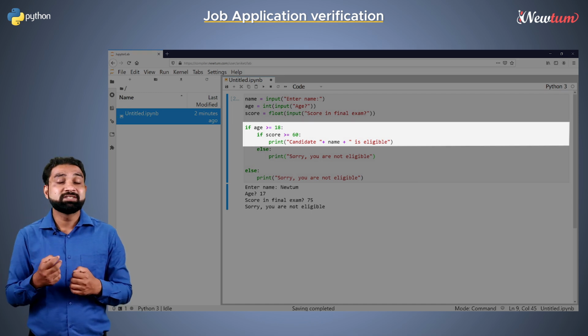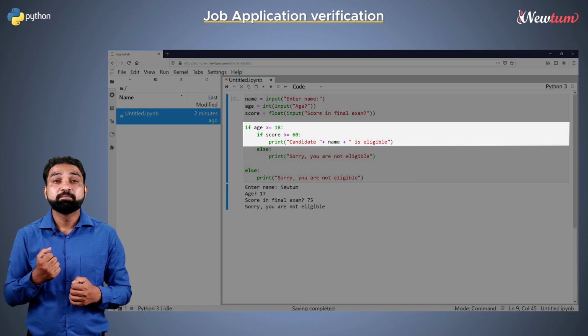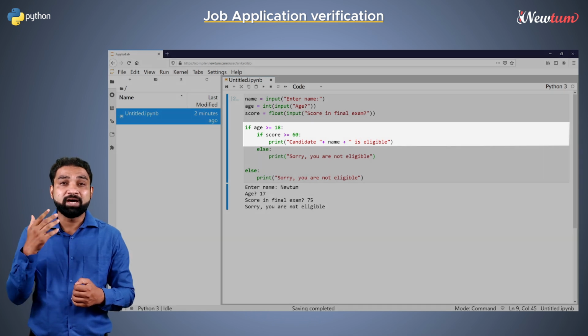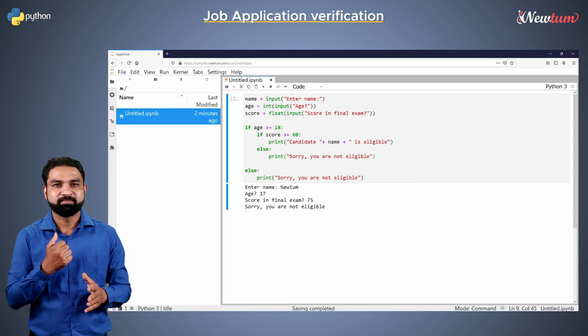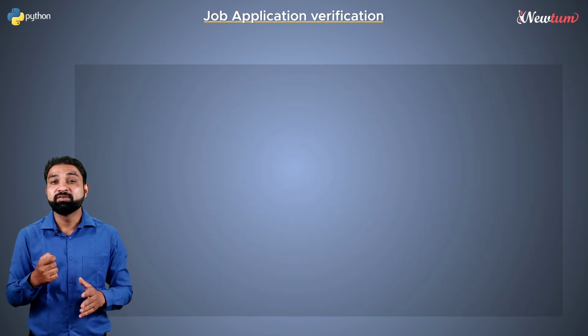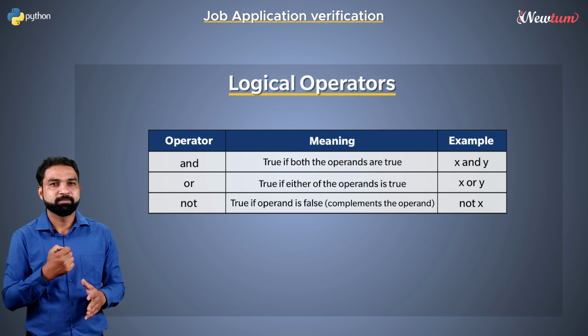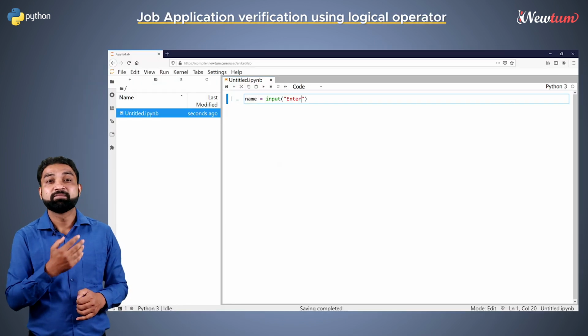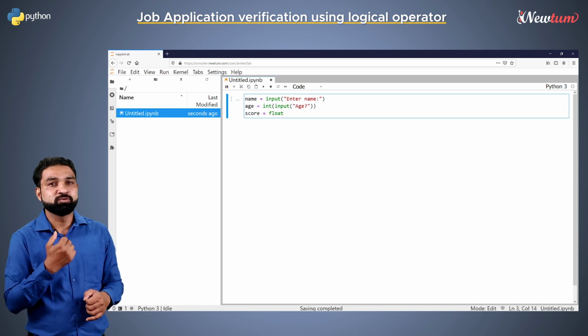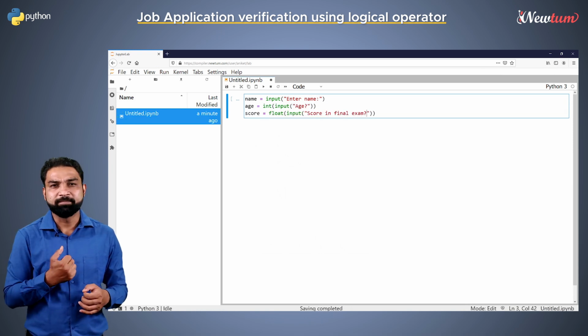Here we just had two conditions. But when we have 4 or 5 requirements, it becomes complicated to use nested if and else. To take care of this, we have logical operators. Let's write the code. We will accept the name, age and score of the student as in our first program.